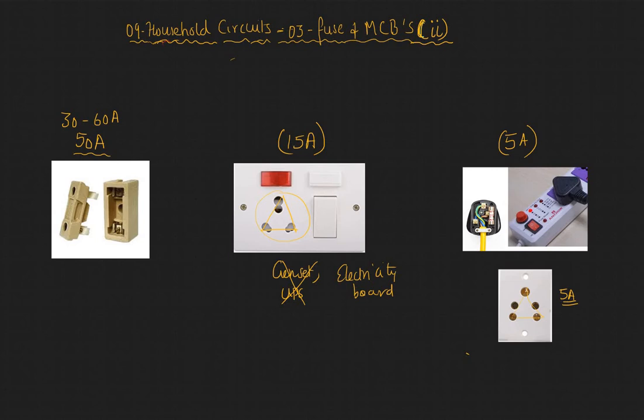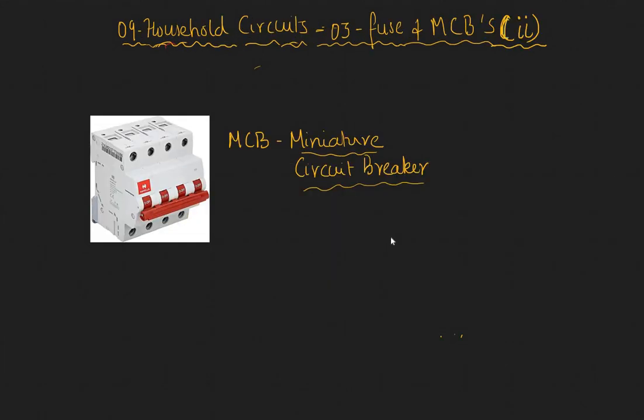So moving on to another piece of safety equipment called MCBs. MCB stands for miniature circuit breaker, and these are also an alternative for fuse.